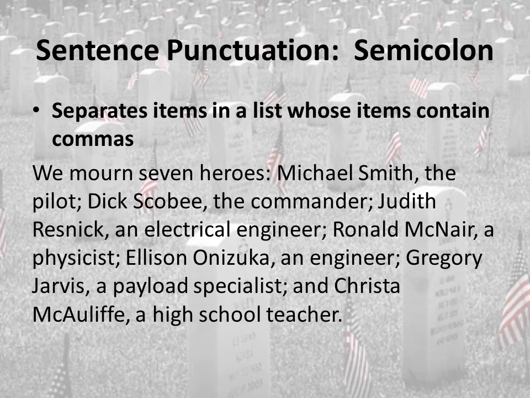So that is one set, Michael Smith, comma, the pilot. Because we need that comma before the pilot, we don't want to get confused and put another comma afterwards. We want to set off the next person, Dick Scobie, comma, the commander. And then the next person is Judith Resnick, comma, an electrical engineer.